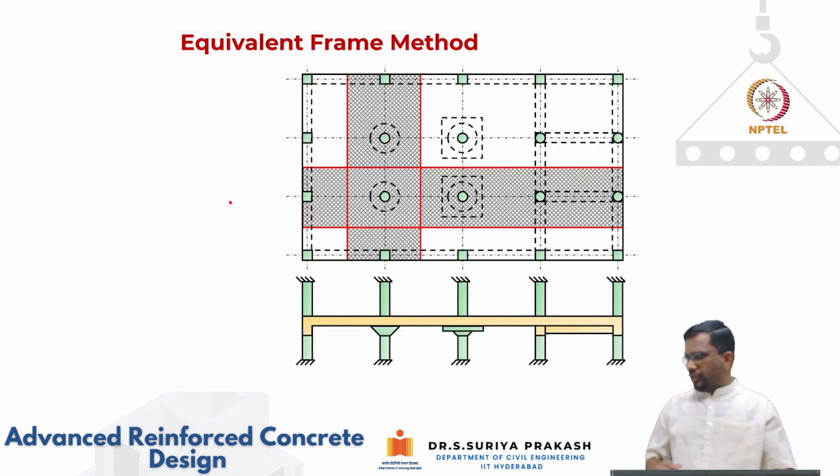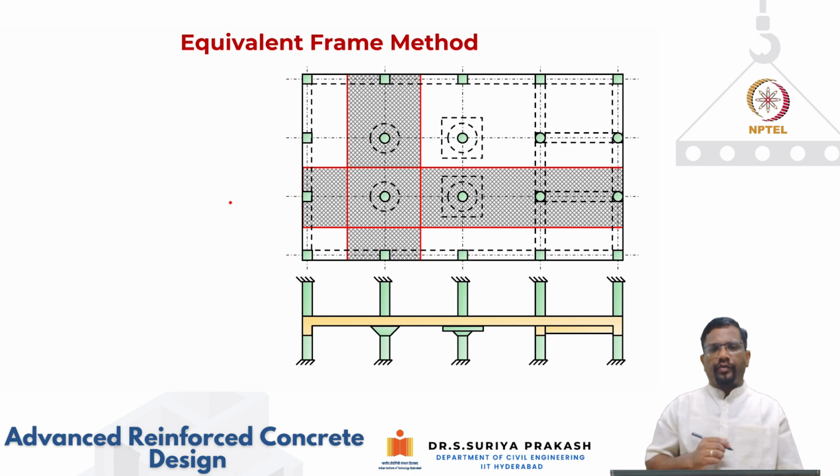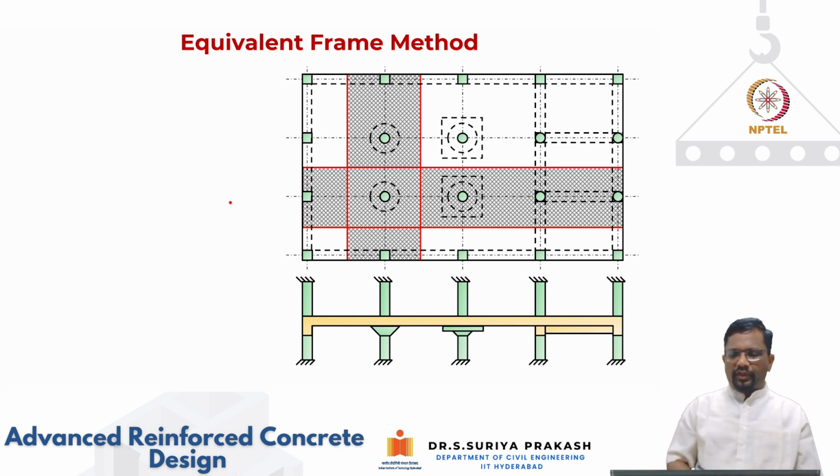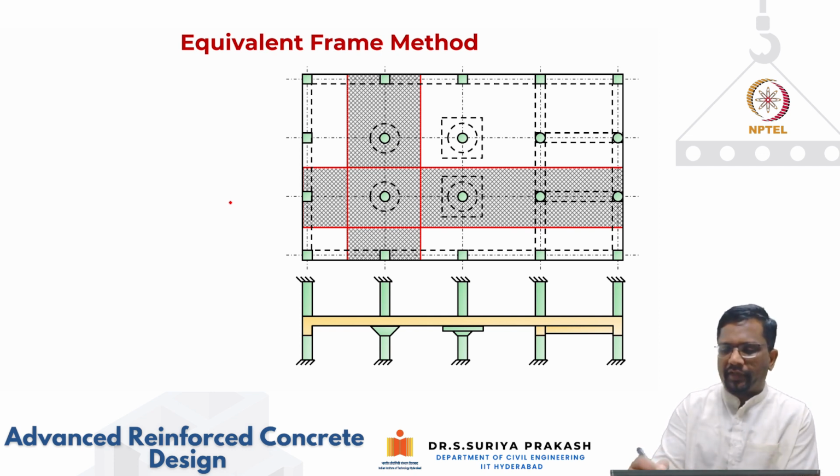Right. So let's get into the equivalent frame method. You can see a plan view of a slab system here. What you observe here, these highlighted regions are the frames that we are going to talk about in the east-west and north-south direction.